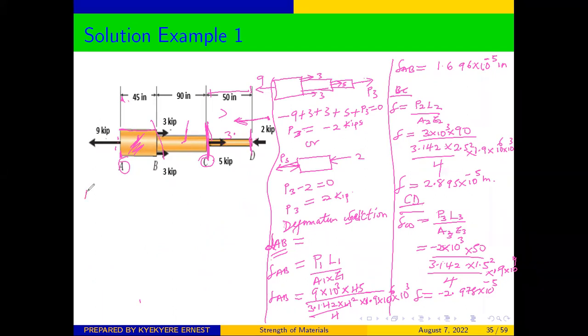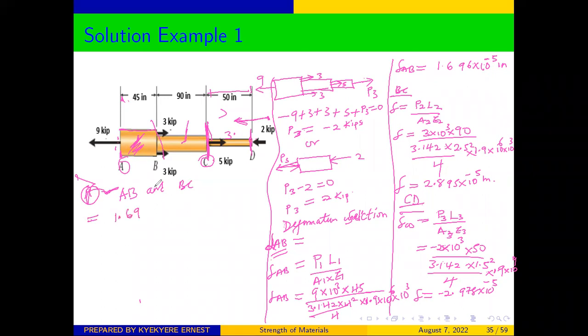So from there, we can say that the deflection at that side should be equal to, we said that it should be as a result of AB and BC.